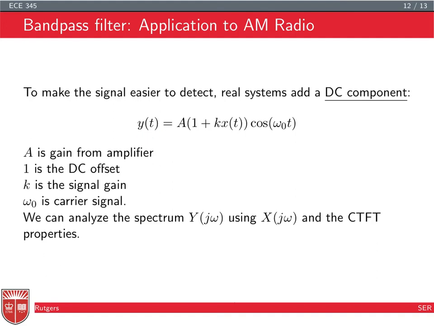Its y of t is A, which is the gain from the amplifier, one is called the DC offset, and K is the signal gain. So the transmitted signal looks something like this, and you can analyze the spectrum of Y(j omega) using X(j omega) and the CTFT property.